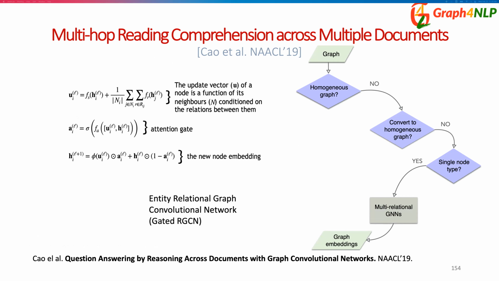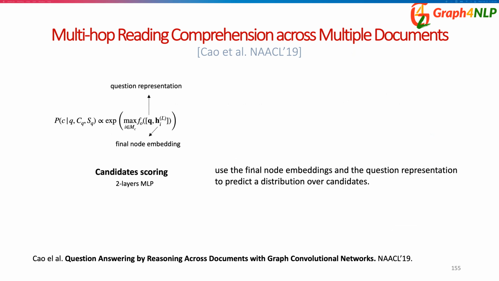You can see the formula here on how to update the vector for each of the nodes, what attention gate is used, and how the new node embedding is calculated. The candidate is computed based on the final node embedding as well as the question representation. These two are used together to predict the distribution over candidates.